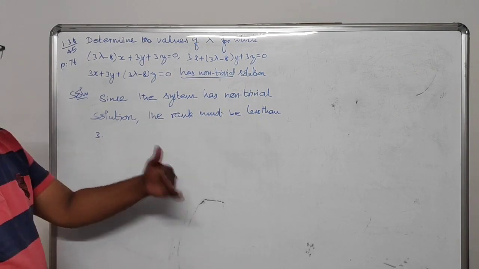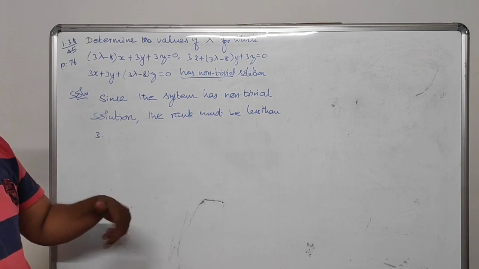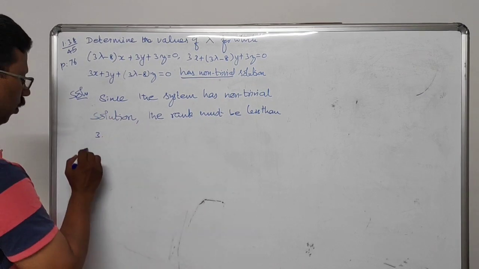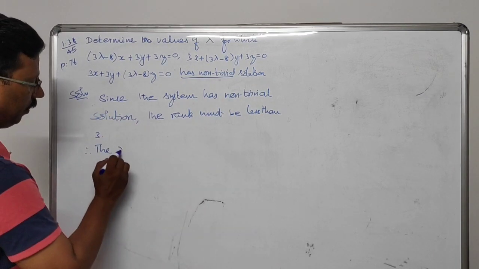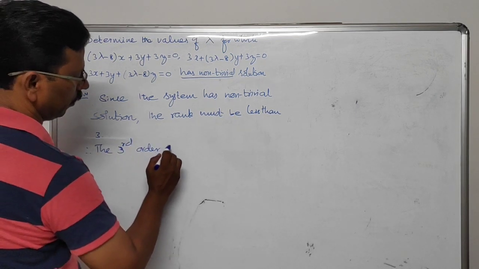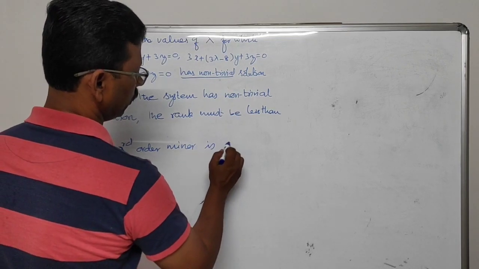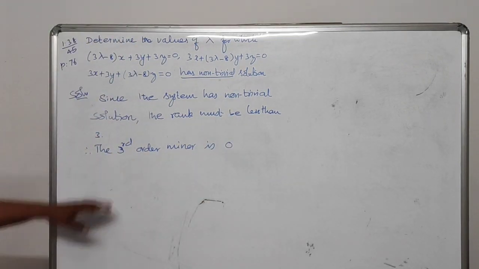Rank must be less than 3. If it is less than 3, then definitely the third order minor will be 0. Therefore, we can say the third order minor is 0, and we can find the third order minor.